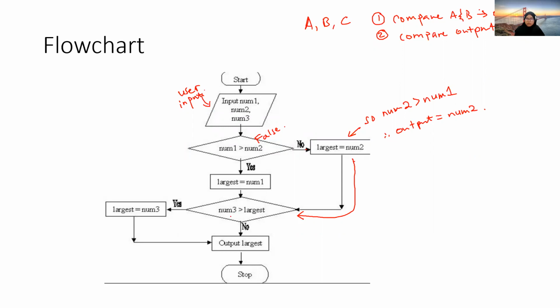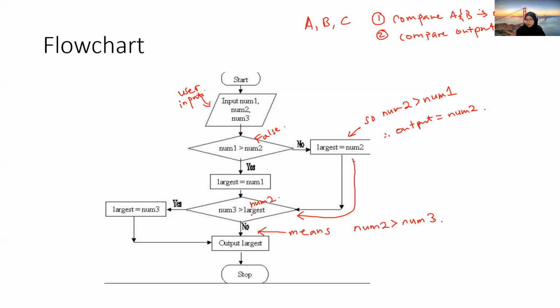Okay, so is number three bigger than the largest? So it's saying the largest is what? In this case, it is the output number two. So this is comparing number three and number two. If it's no, if it's false, this means that number 2 is bigger than number 3, because the relation of number 3 being bigger than number 2 is false.